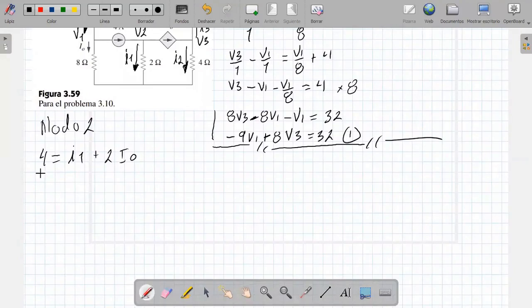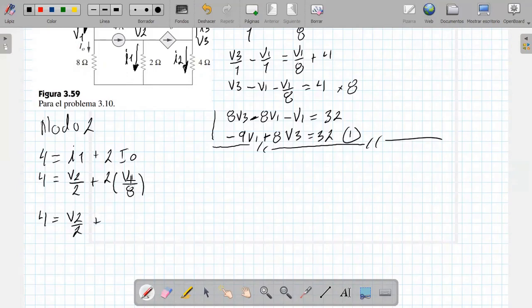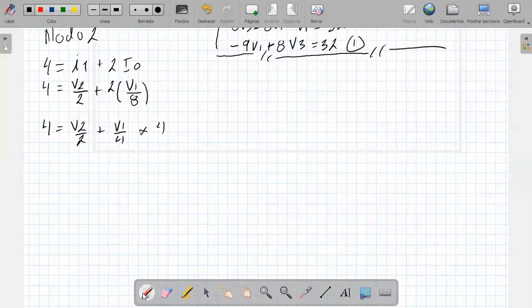So 4 amperes is equal to I1, but I1 is the voltage V2 over 2, plus 2 times I sub 0, but I sub 0 is the current that comes over here, which is equal to V1 over 8. So we have something like V2 over 2 plus V1 over 4. We are going to multiply the entire equation by 4, and that will be my second equation.